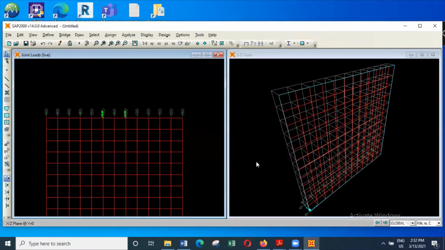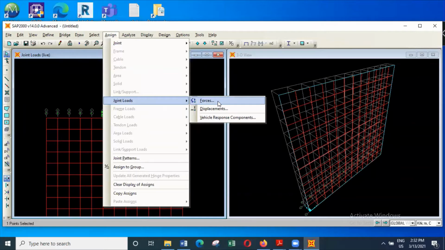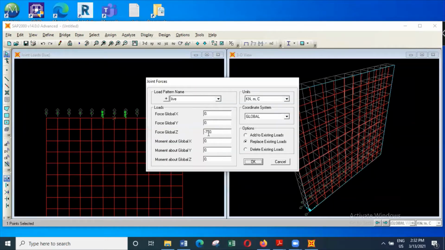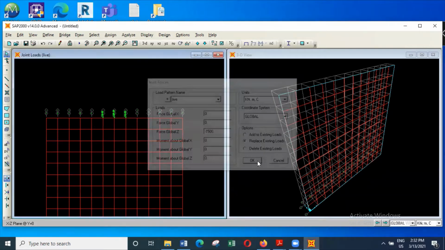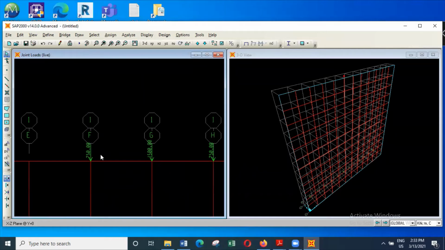So the total load is 3000. So in the center one we'll assign minus 1500. So there are 3 loads applied, 750, 750, 1500, altogether 3000.